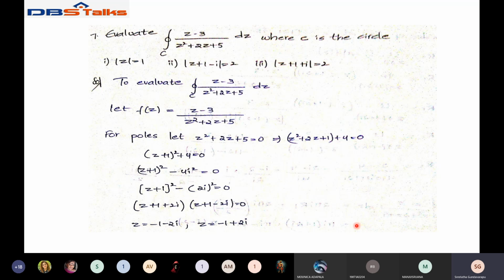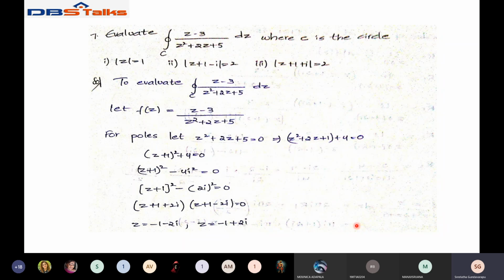For finding poles, let the denominator value equal to 0. That is z square plus 2z plus 5 equal to 0. Here, 5 can be written as 1 plus 4. So z square plus 2z plus 1 plus 4 equal to 0.